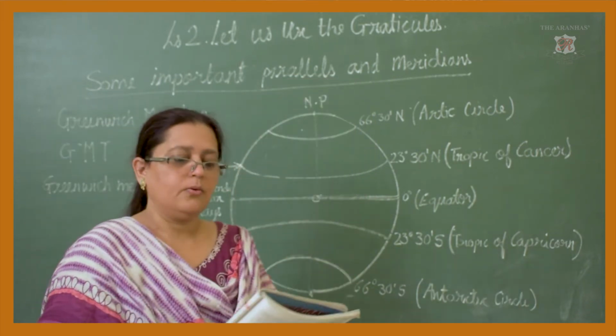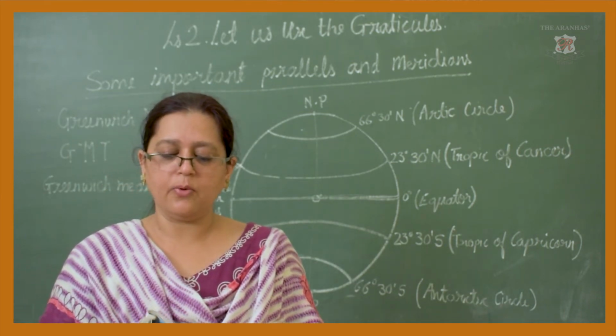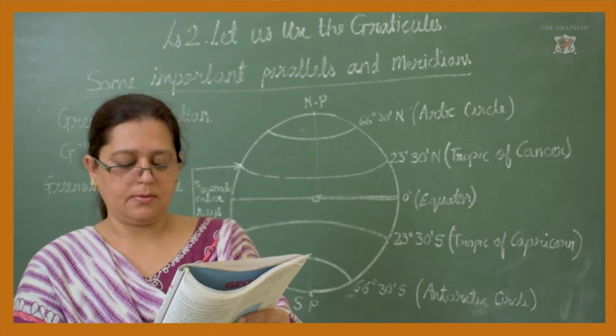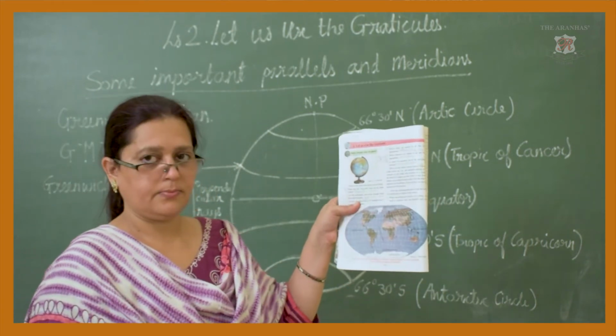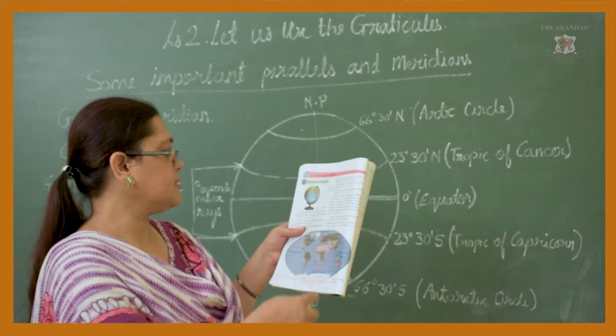Okay? Now, which oceans are spread in all the 4 hemispheres? Now you will see the map and you will answer. Can you answer? Okay, I'll just tell you the answer.